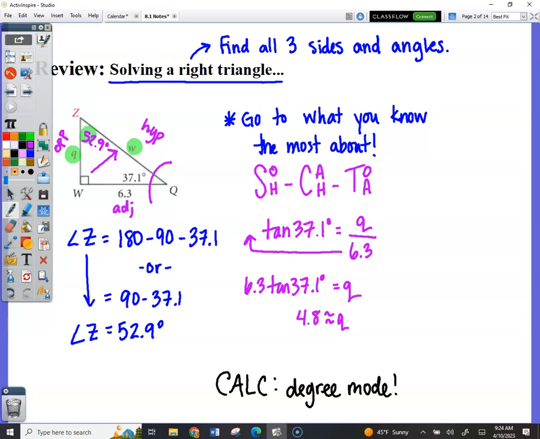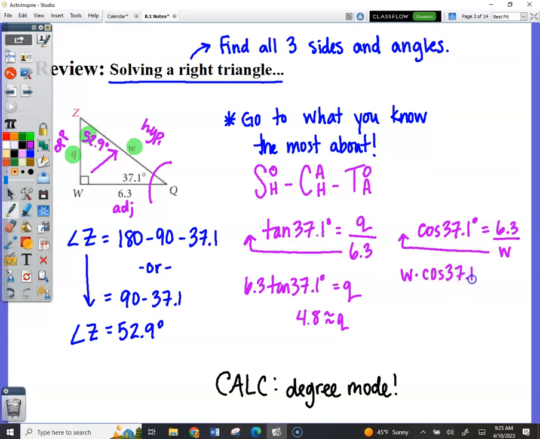Now, if I wanted to solve for W, ignore all the other stuff up here. If I use 37.1 and 6.3, that would be the adjacent and the hypotenuse, which is which trig function? Cosine. Adjacent over hypotenuse. You still start out the same way. You cross multiply this over.